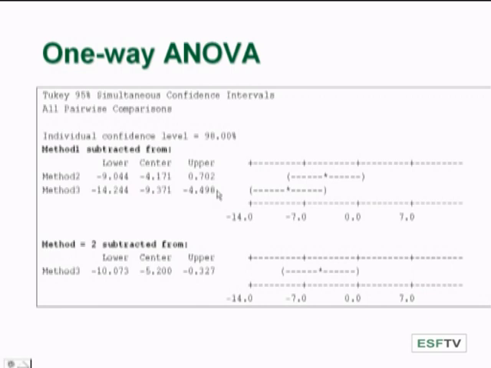But in this next one, method 3 minus method 1, it goes from negative to negative values, our lower limit and upper limit. We have all negative values in our confidence interval. This tells us that not only is method 3 significantly lower than method 1, but that the difference of these two treatment means ranges from 14.244 to 4.498. Method 3 produces this much less volume.